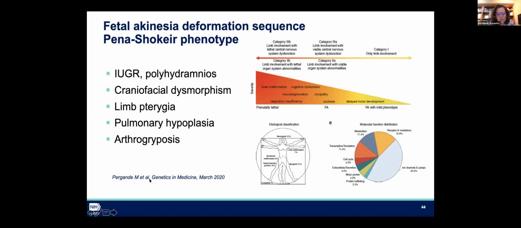There's a wonderful review from March covering many genes associated with the range of this sequence, with brain malformation, cognitive dysfunction, myopathy, scoliosis, or just milder phenotypes with arthrogryposis. I highly recommend you review this paper.